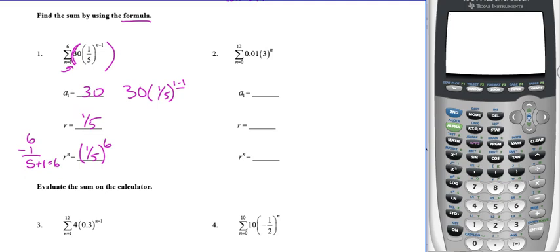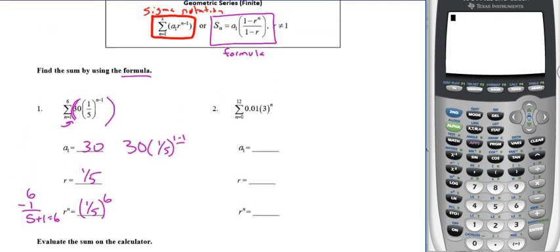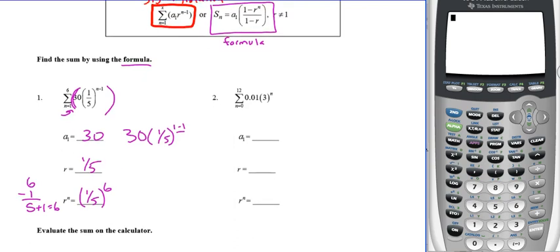Okay, so let's plug it into our formula. Our formula, we'll look back up here, says the sum of 6 terms is equal to, starting at 30, and then multiplied by 1 minus 1/5 to the 6th power divided by 1 minus 1/5. Okay?